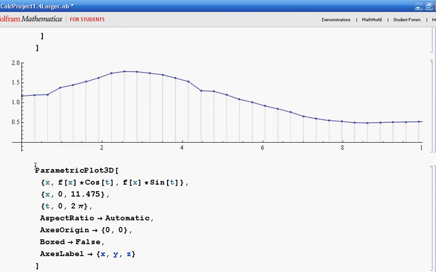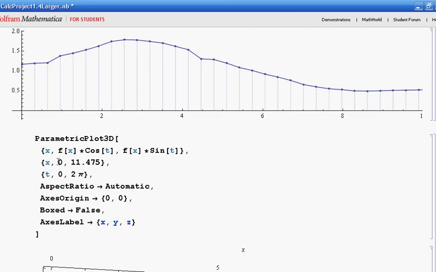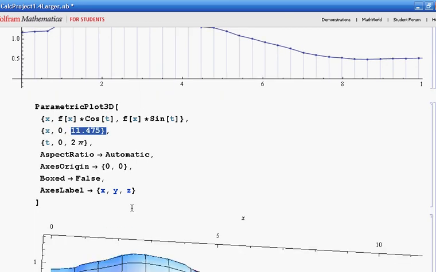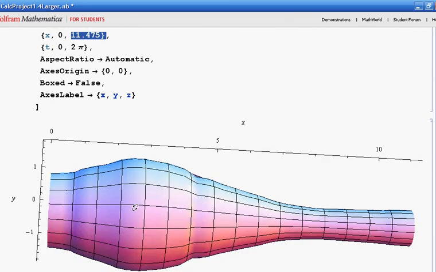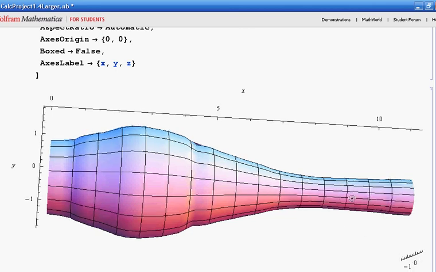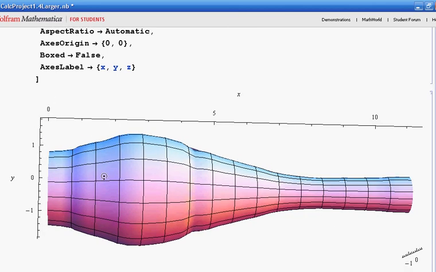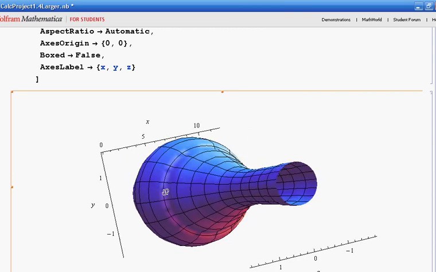Now the ParametricPlot3D command takes that f of x and creates a 3D graphic of this shape right here, from 0 to 11.275. If you look at this, this is the actual shape of my bottle. Let's see here. There we go.